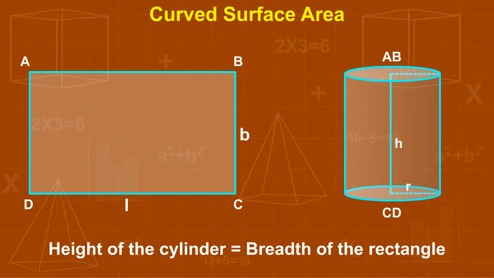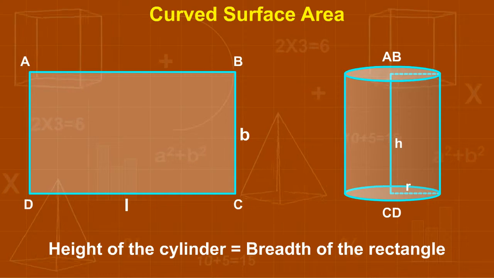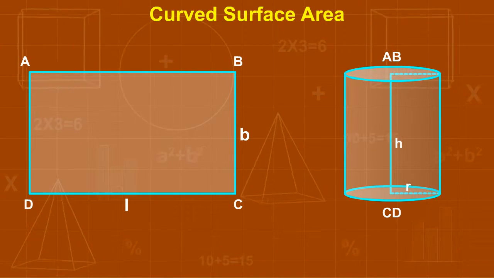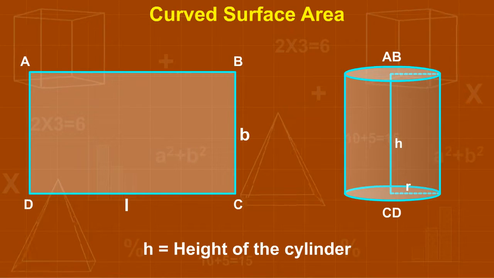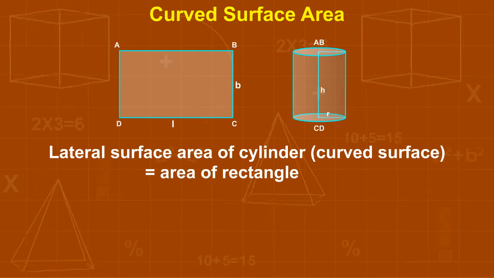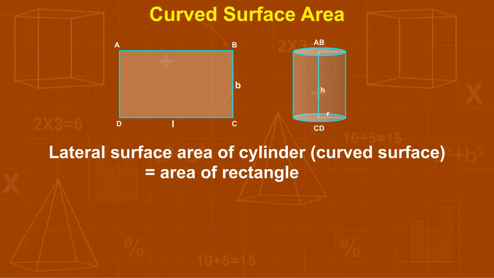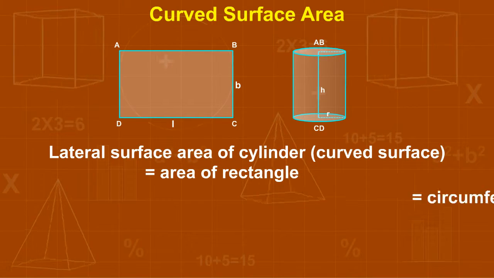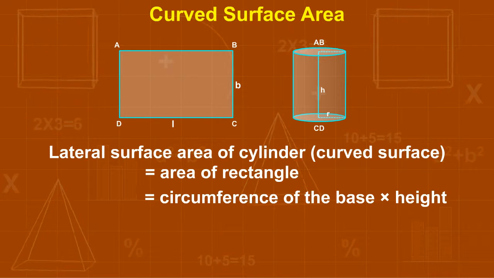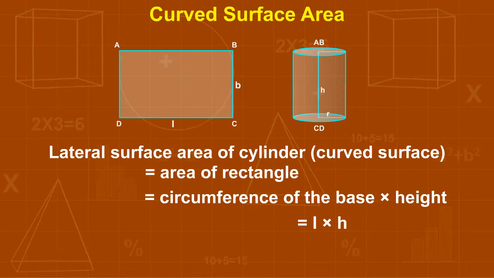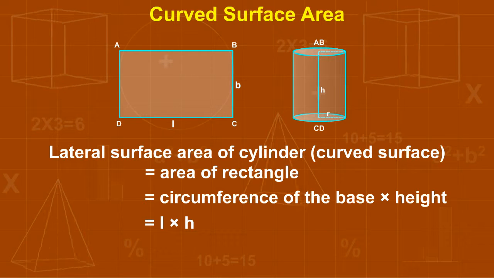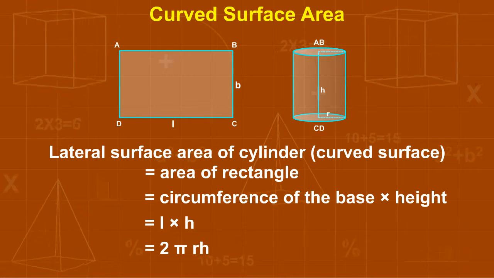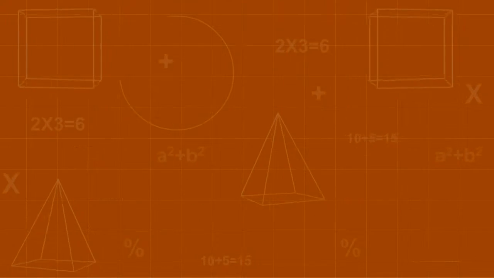Also, height of the cylinder is equal to the breadth of the rectangle. Thus, if h is the height of the cylinder, then lateral surface area of cylinder or curved surface is equal to area of rectangle, which is equal to circumference of the base into height, equal to L into h, that is 2 pi r h.